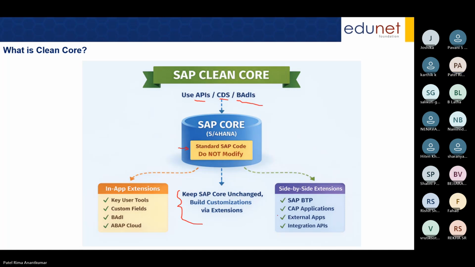For side-by-side extensions, we can use SAP BTP. We have CAP applications, external applications, and integration APIs. For in-app extensions, we have key user tools, custom fields, business add-ins, and ABAP Cloud. So here is the clear vision of how the clean core approach works.